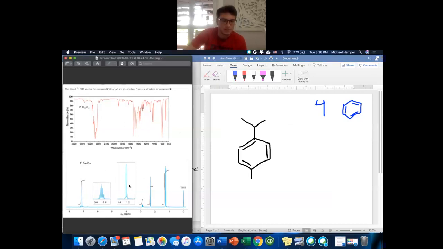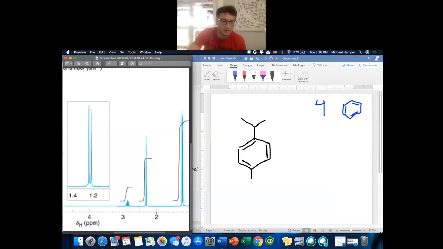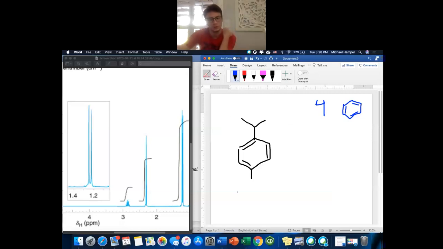Next, there's this singlet here, at around 2.3. The singlet, remember, means there are no neighboring hydrogens.